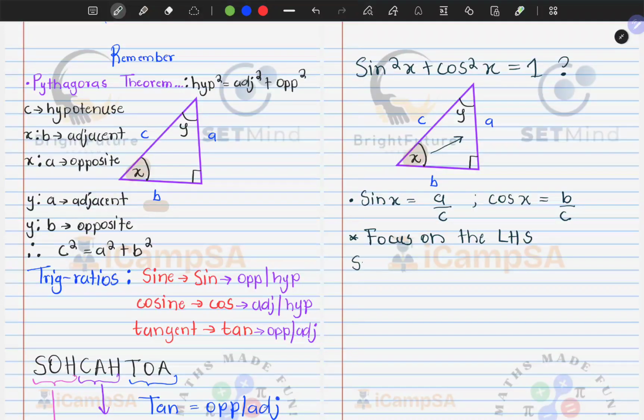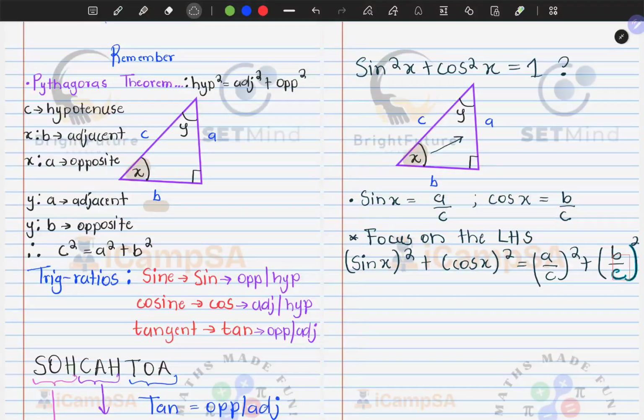On the left hand side, we have sine x, and that is squared, plus cos x, and that is squared. Sine x we found as a divided by c, so we square it, plus cos x is b divided by c, then we square that.